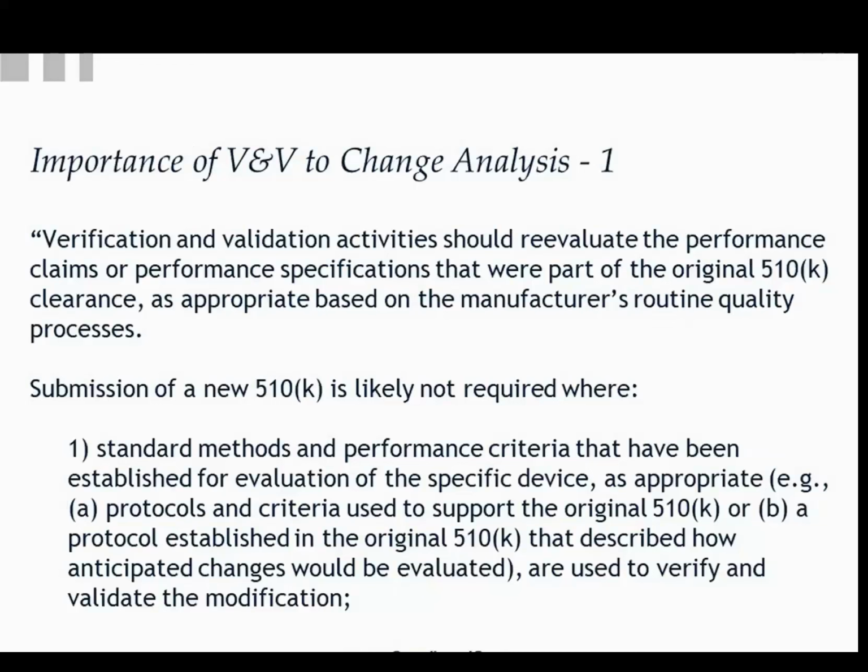The guidance documents specifically say that is not reason of itself to do so, but you have to determine whether you can prove that there's no new significant issues raised by the changes because of your verification validation activities, either the ones for design control or the ones that are part of your normal manufacturing process.